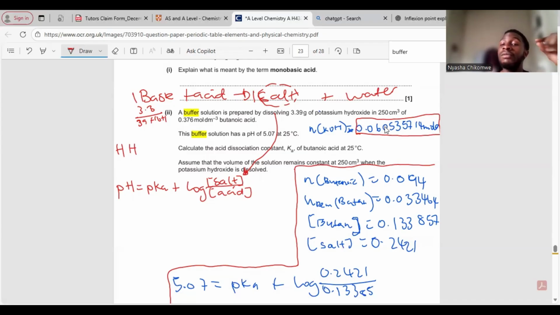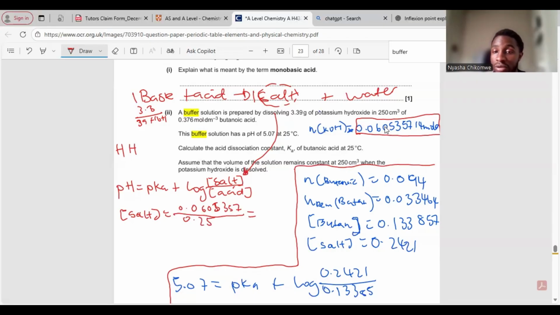Remember, concentration is number of moles over volume. But we were told here that the volume of the solution is constant. So the number of moles we have, now we just have to divide with the volume. So the concentration of the salt would be equal to 0.0605357 moles over the volume 0.25.